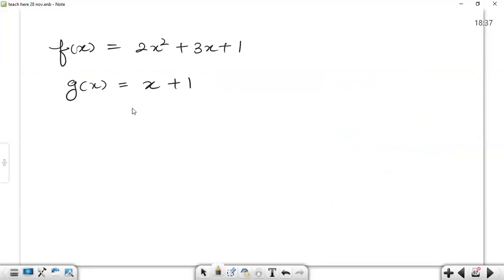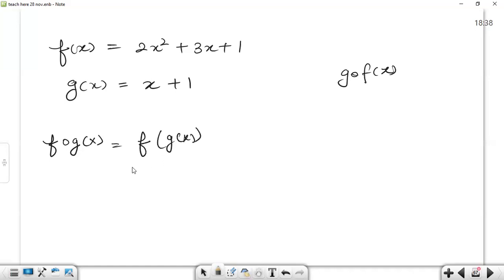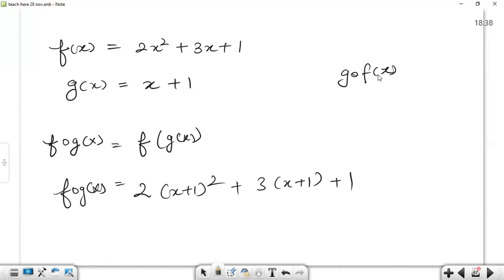And we have to find out f of g of x and g of f of x. So what is f of x? 2x square plus 3x plus 1. So in place of x, we will substitute x plus 1. 2 into x plus 1 whole square plus 3 into x plus 1 plus 1. So this is our f of g of x.